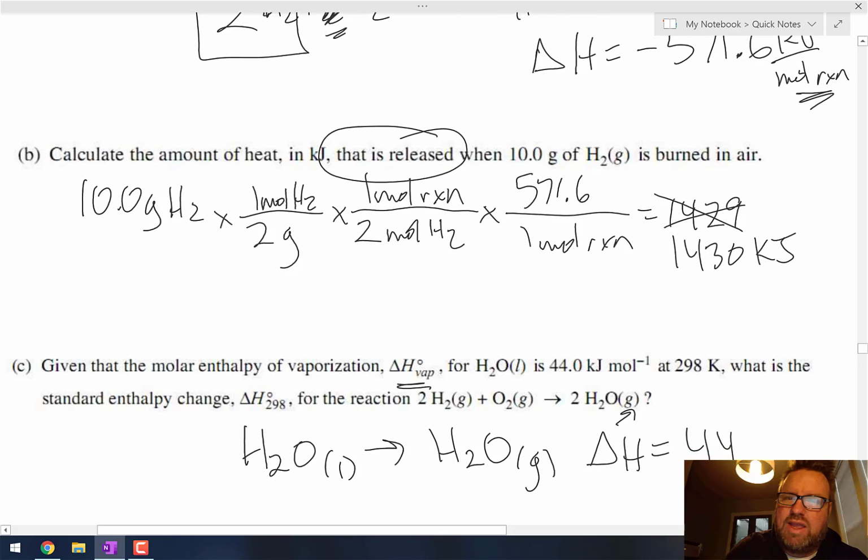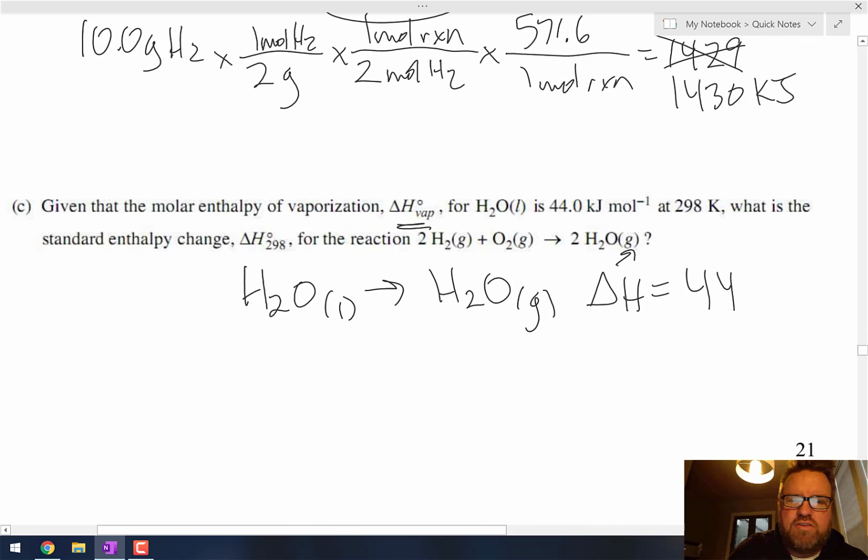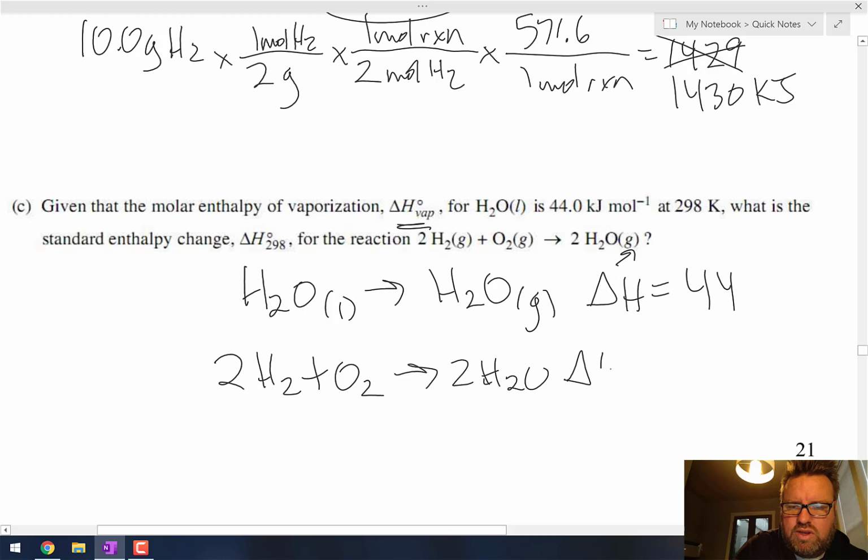Well, again, use Hess's law. So our first equation is 2H2 plus O2, making 2H2O, delta H equals negative 571.6. Okay, and this again is a liquid. So we want to cancel liquid and get gas.